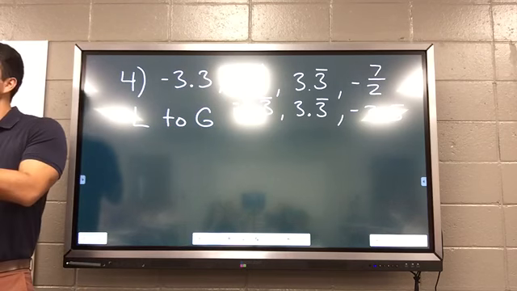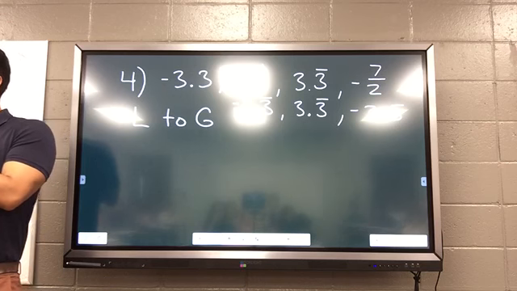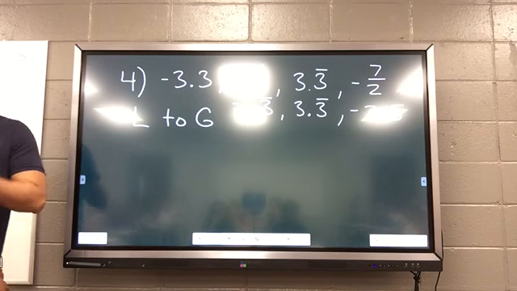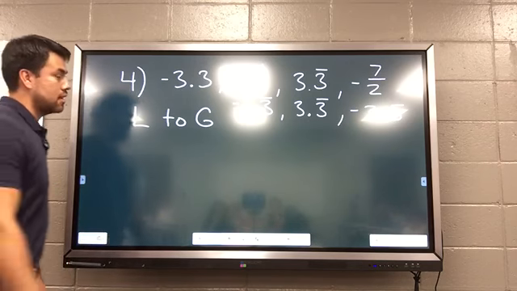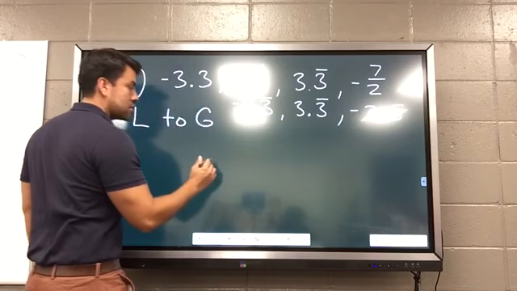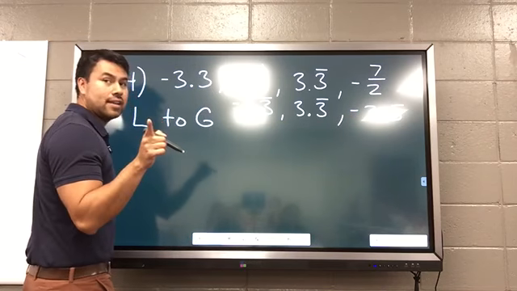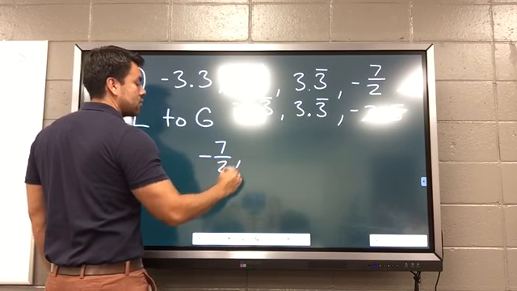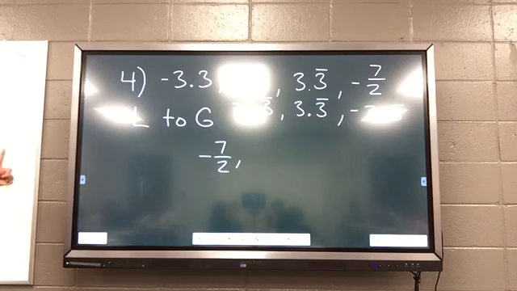Because it's more to the right, or more to your left. Okay, Eva? Negative 3.5. Negative 3.5 is the smallest one. So how do I write it? Negative 7 over 2. Negative 7/2. That's my first number. Do you see how negative 3.5 is smaller? It's a little bit more to the left.